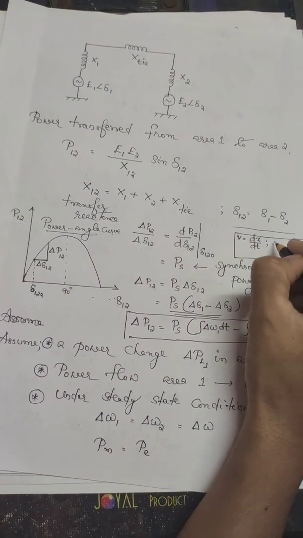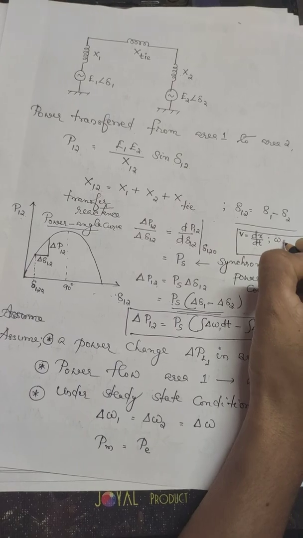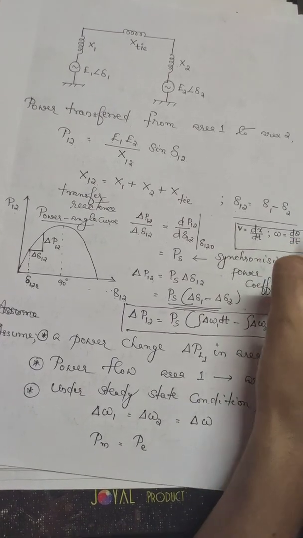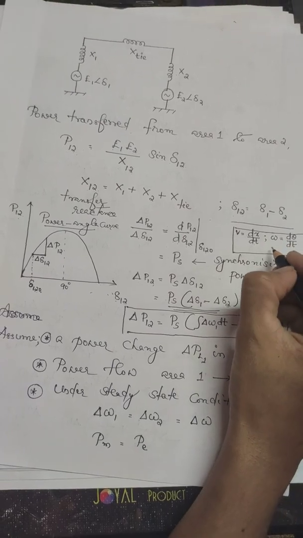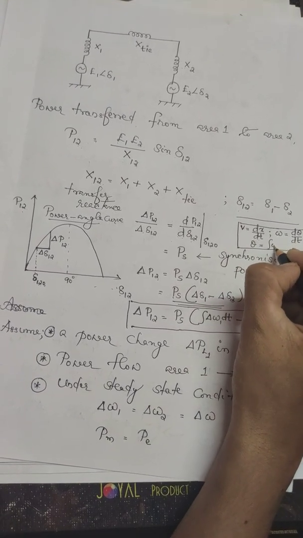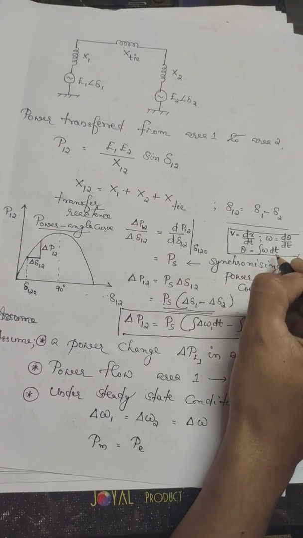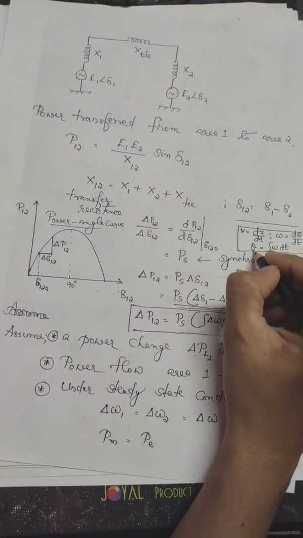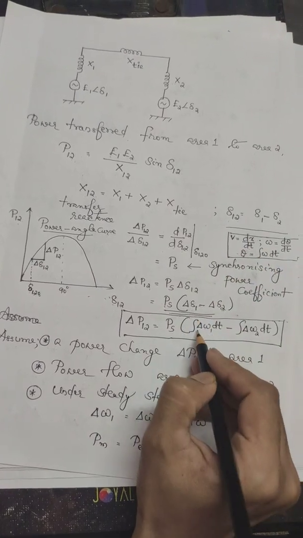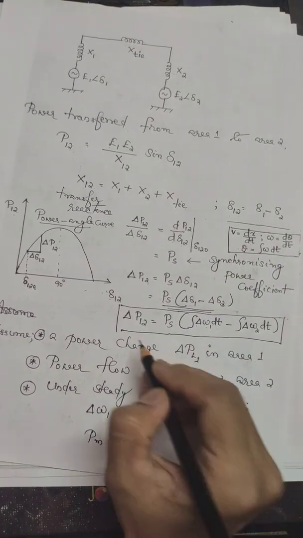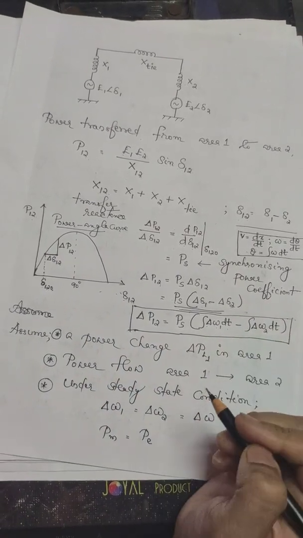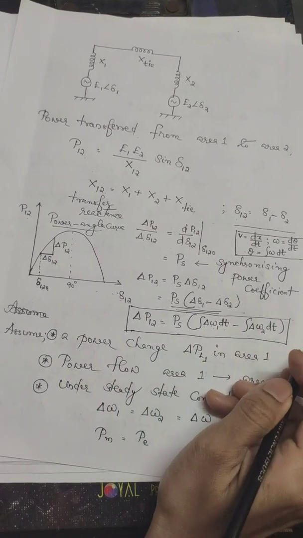Similarly, in angular motion, angular velocity omega is equal to d theta by dt, where theta is the angular displacement. Then we can write theta as integral of omega dt. So here we are considering delta as equivalent to theta. So delta can be written as integral of omega dt. So this is an important equation required in the formulation of the block diagram. So please note it down.